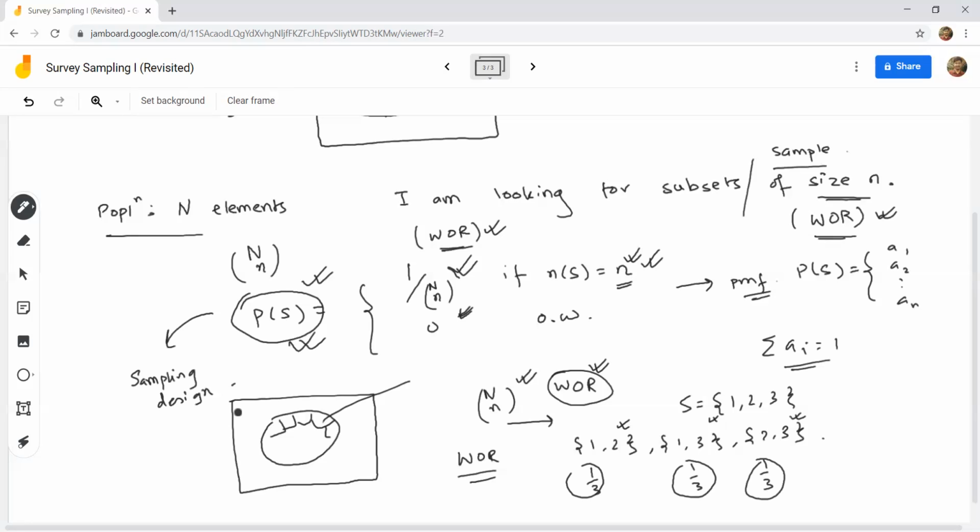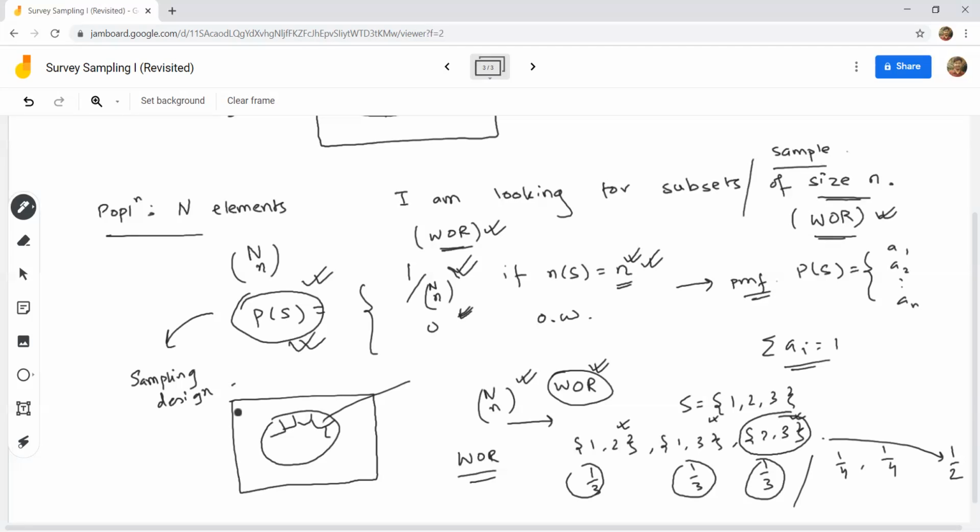Suppose you didn't assign one third, one third, one third. Suppose to 1 2 you assigned 1/4, to 1 3 you assigned 1/4, and to 2 3 you assigned half. Obviously you can say that this one is more likely to occur than these two, right?